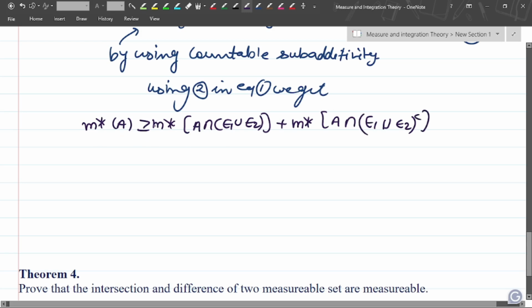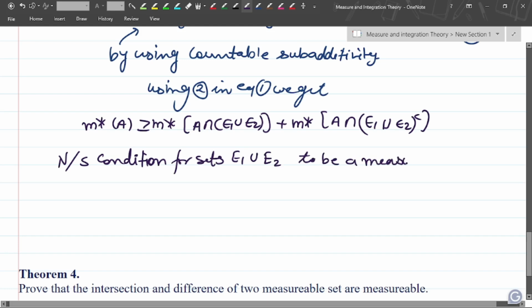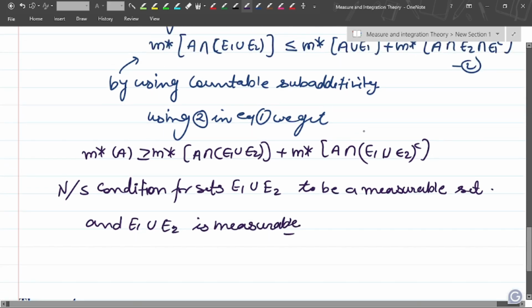So basically it is the necessary and sufficient condition for the set E1 union E2 to be a measurable set. Okay, this we have already proved, and E1 union E2 is measurable.